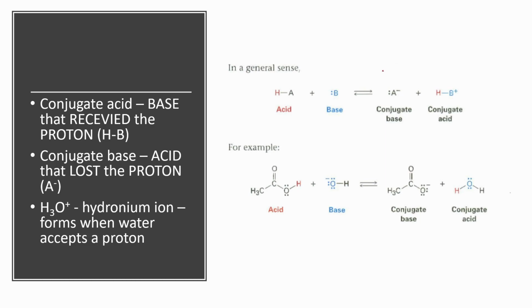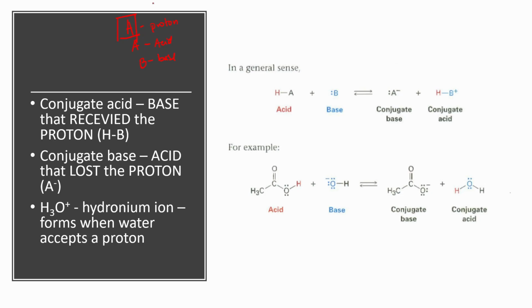In our naming, please take note that H represents our proton, A is our acid, and B is our base. Now, it could be acid or base or it could represent any compound. However, what you need to focus on is the letter H. Where did the letter H come from and where did the letter H go to?